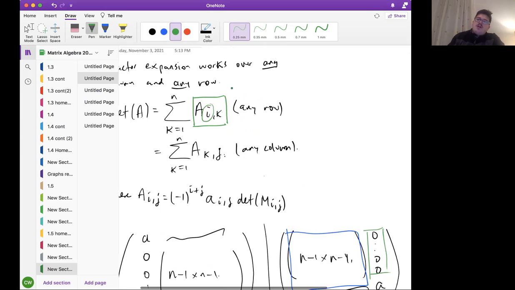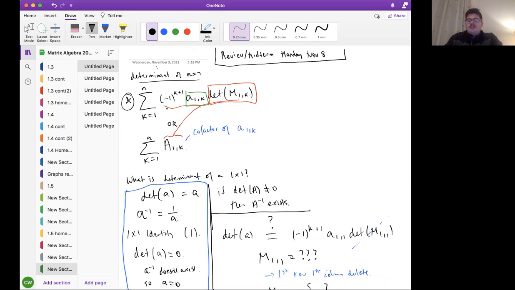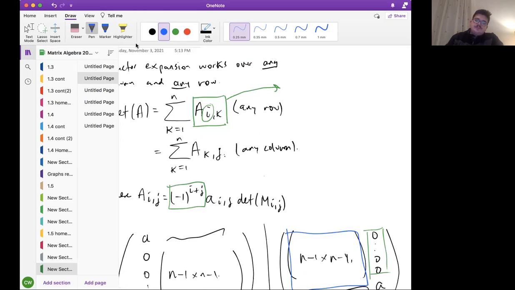The only thing to watch out for is that the -1 is a bit different. Instead of the -1 in our cofactor for the first row always being to the power of k plus 1, to have that marry with our formula here, the -1 factor will be to the sum of the coordinates.